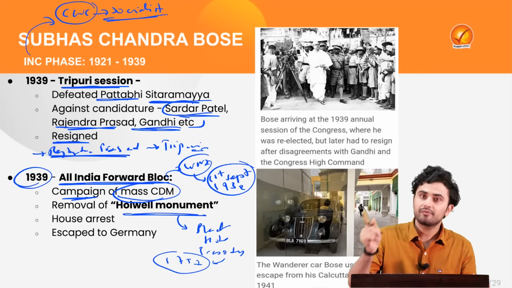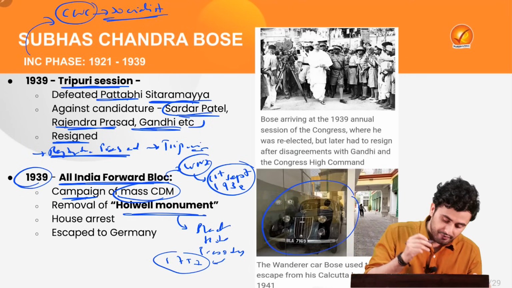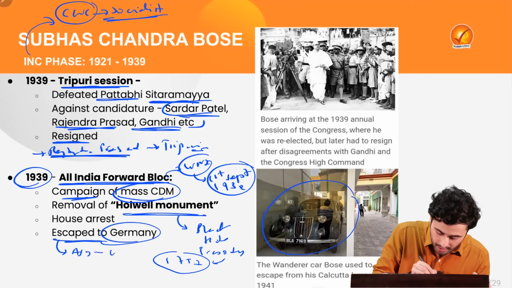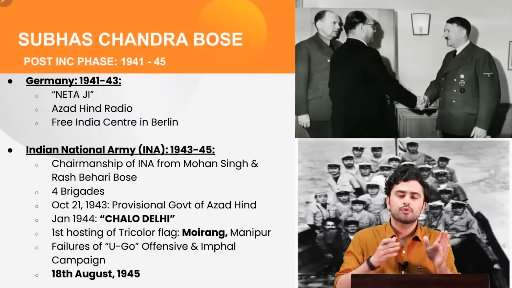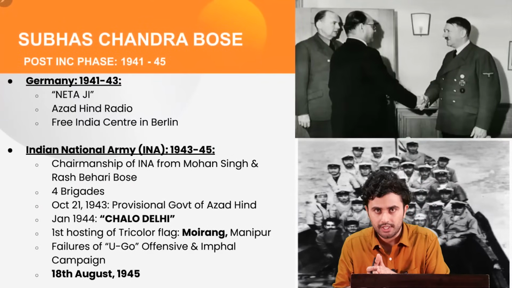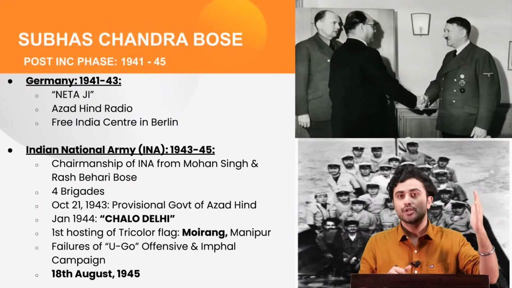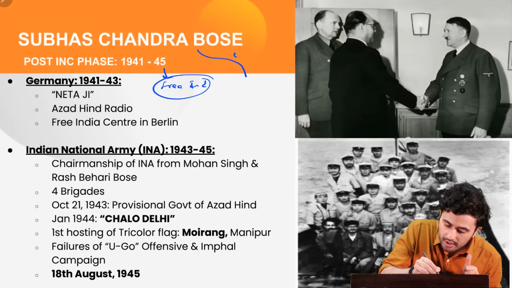Then he escaped from house arrest in a Wanderer car and finally escaped to Germany via Afghanistan and USSR. Now, when Subhash Chandra Bose reached Germany, his aim was to utilize the Nazi army to invade and free India from British rule through USSR and Afghanistan.